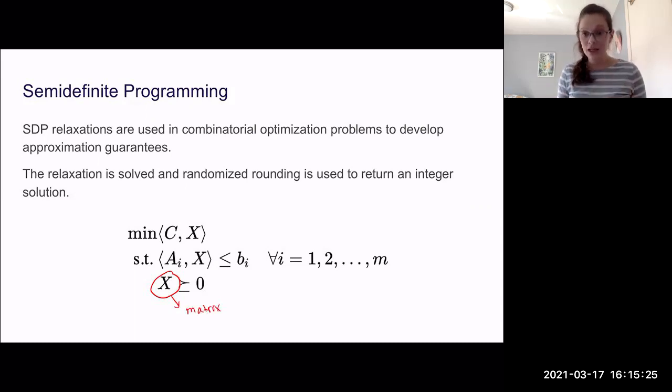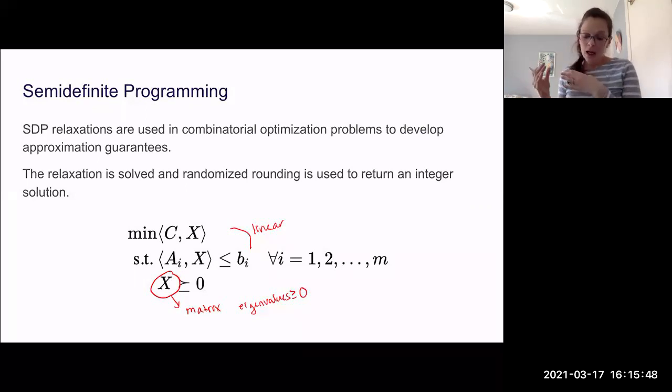So a semidefinite matrix means that it has eigenvalues greater than or equal to 0, and it's symmetric. And we have linear constraints and a linear objective function. So that is what defines a semidefinite program: if your variables fall into this matrix structure, and you can write your constraints and objective function in a linear way.